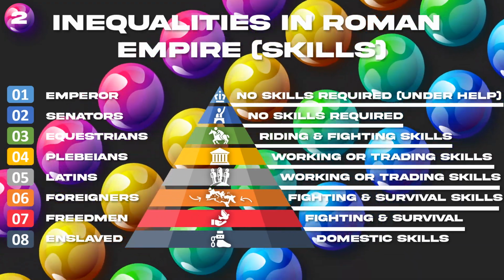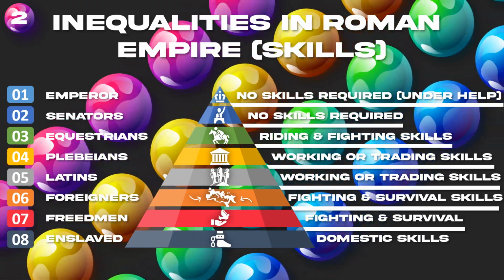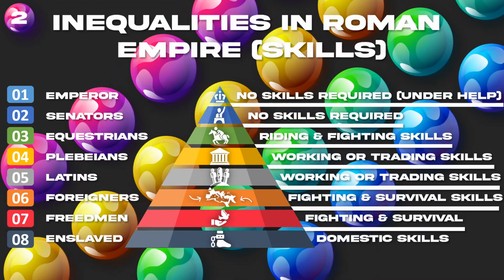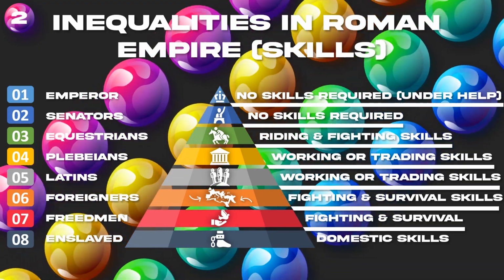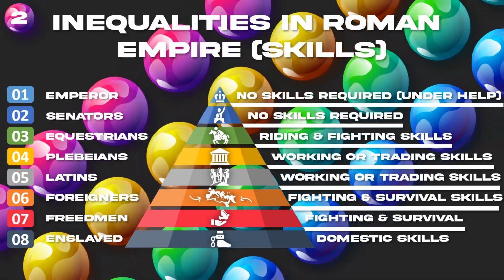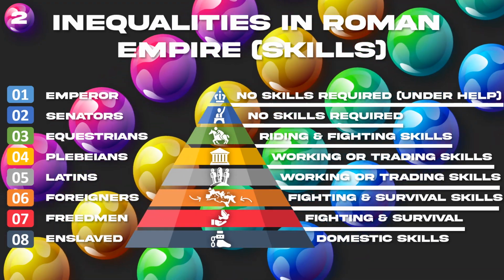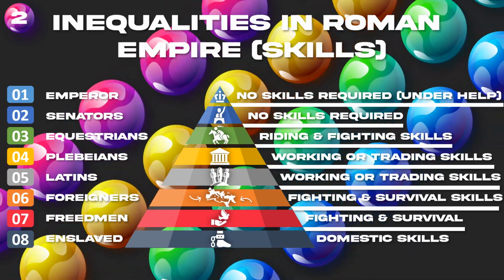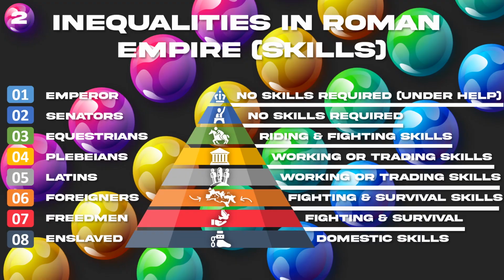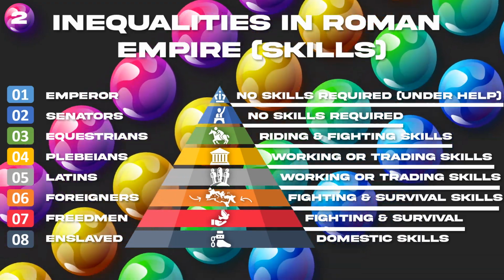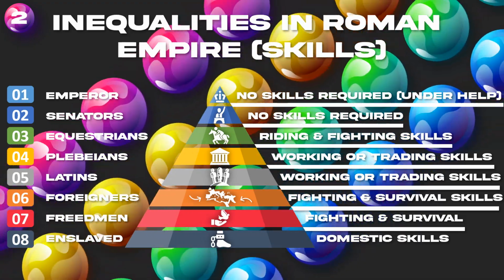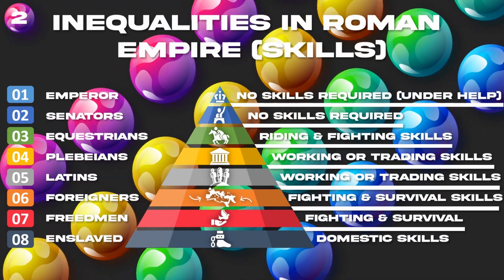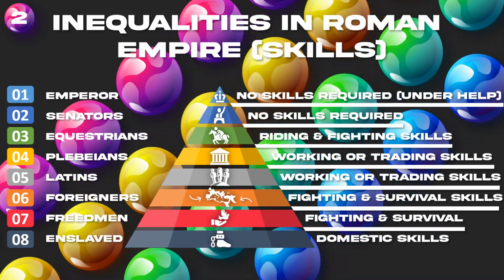For example, equestrians need to know how to ride horses and fight. Plebeians need to know how to work and trade. Foreigners and freedmen must have fighting and survival skills. And at the bottom of the pyramid, slaves have domestic skills only.